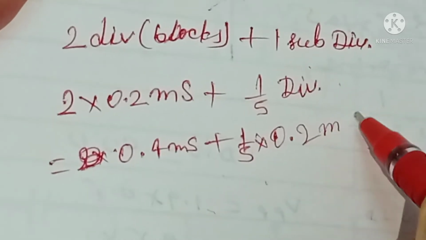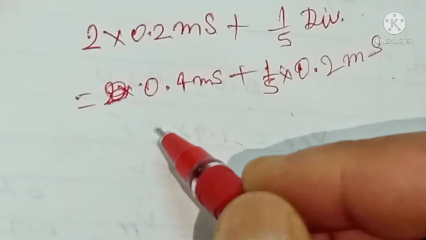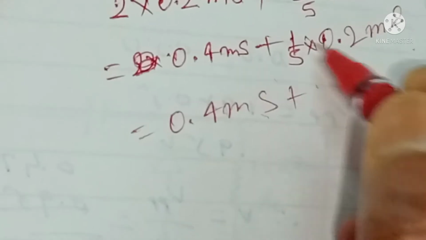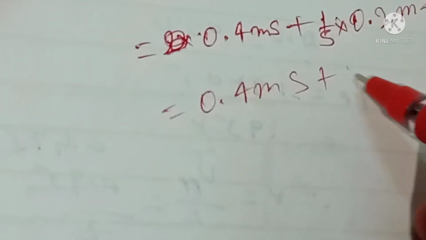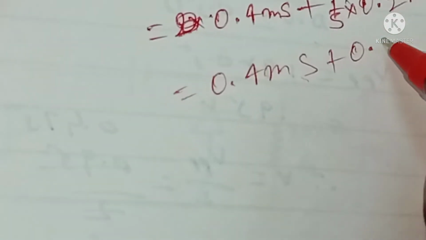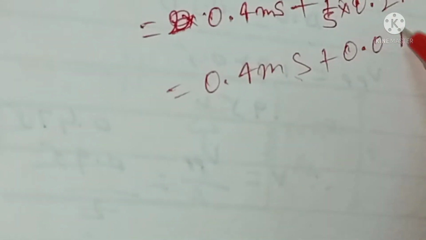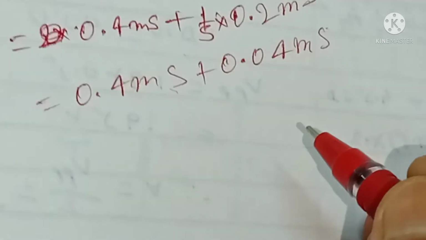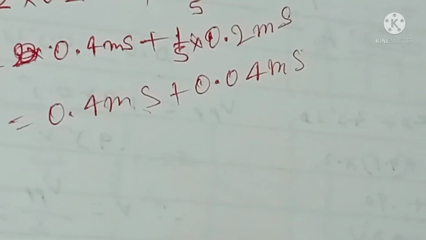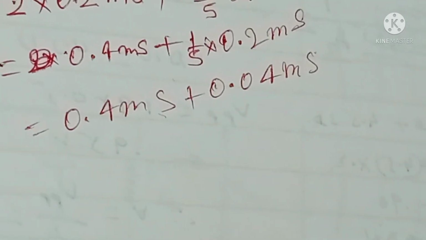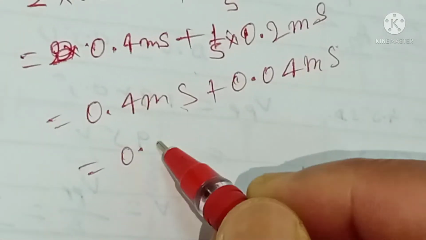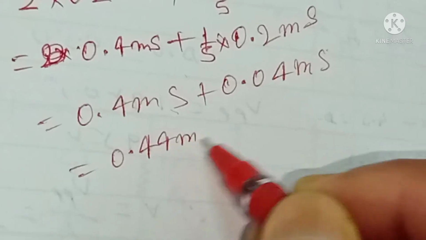So here we have 0.4 millisecond plus, if you divide, you will get 0.04 millisecond. Clear? Now you have to add, so you will get 0.44 millisecond.